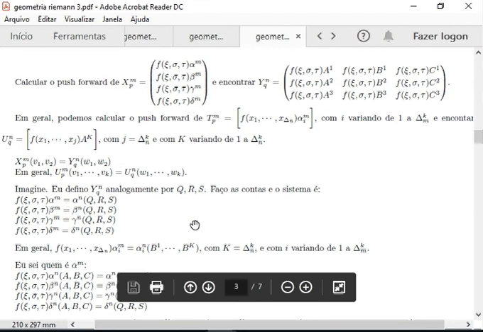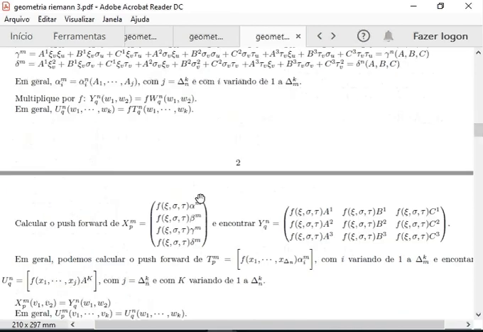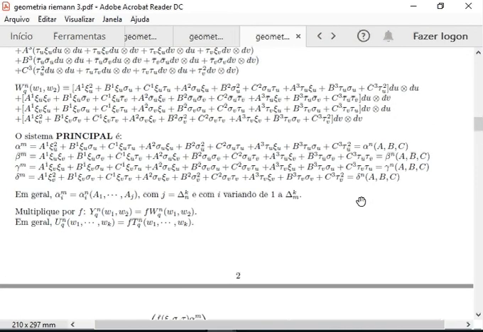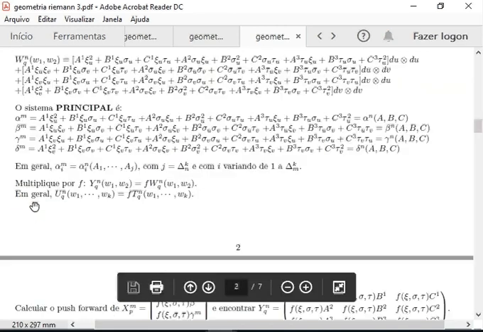Just imagine, who is the big Y Q N? Analogously, it is QRS. Here is ABC. Here is QRS. And I do the accounts, the calculus, and the system is just like here.